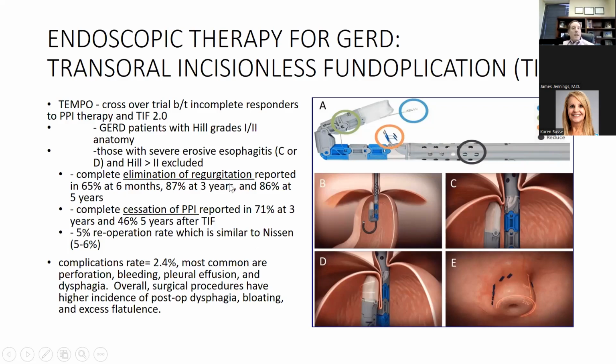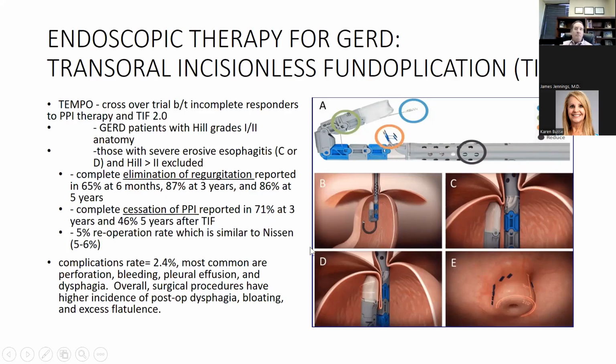Really good at eliminating regurgitation, 87% at 3 years, 86% at 5 years. That's pretty good data, but the big problem here, as we'll see with a lot of endoscopic and even surgical therapies, is complete cessation of PPIs. It was 71% at 3 years, but it dropped down to 46% at 5 years.